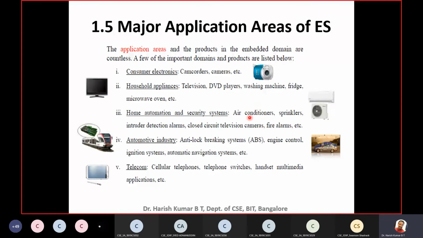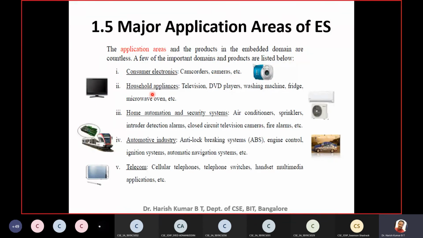We are going to discuss now a few important domains and also examples of products which are used in each domain. The first domain where embedded systems are most widely used is consumer electronics. Your video games and camcorders are all consumer electronic devices, and these are all embedded systems.